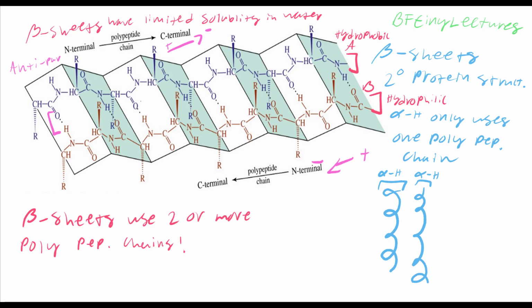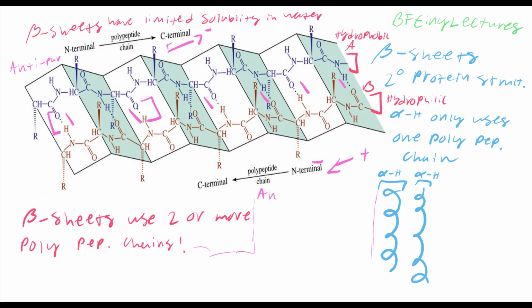If you look at this right here, they are going very straight. If you have a straight bond between the oxygen of the carboxyl group and the hydrogen of the amino group, then it's going to be antiparallel. So this is antiparallel.